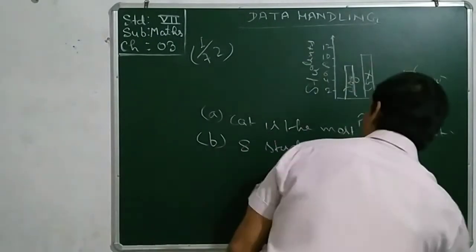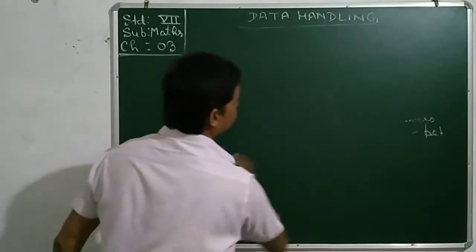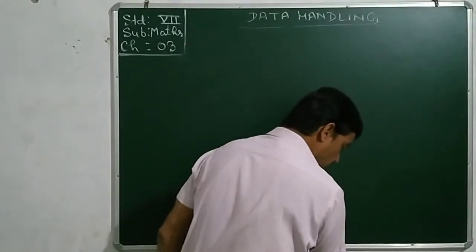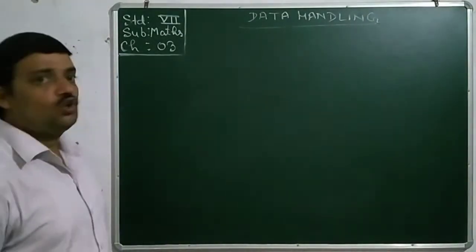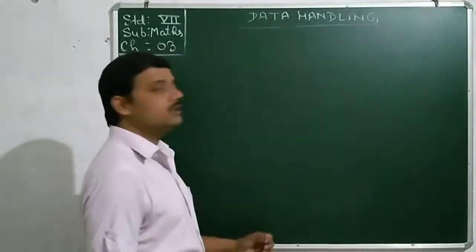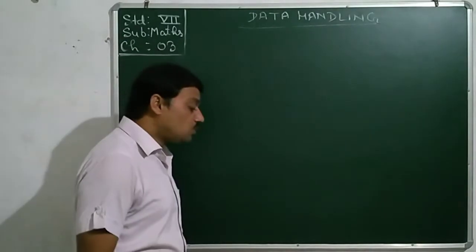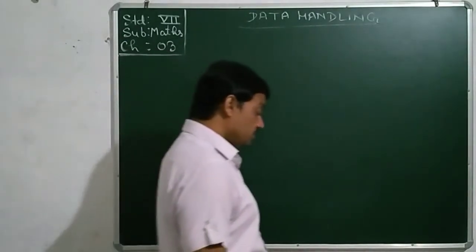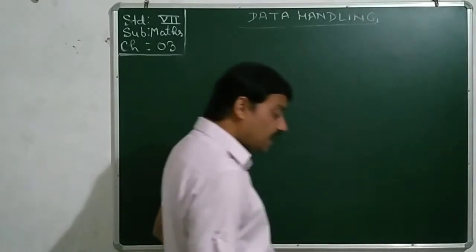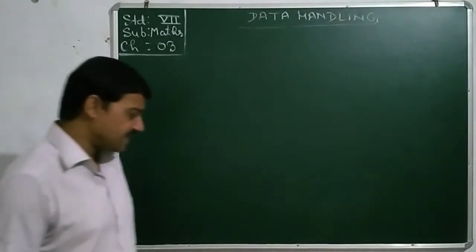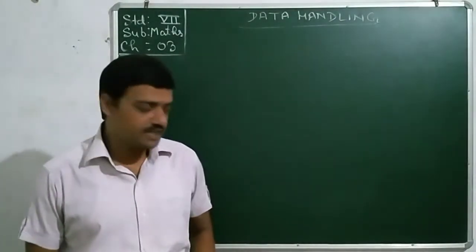Look at the second sum now. In the second sum, the number of books sold by a bookseller during 5 consecutive years is given. We would need to draw the bar graph, but it is not asked here. You only have to answer the questions given there.